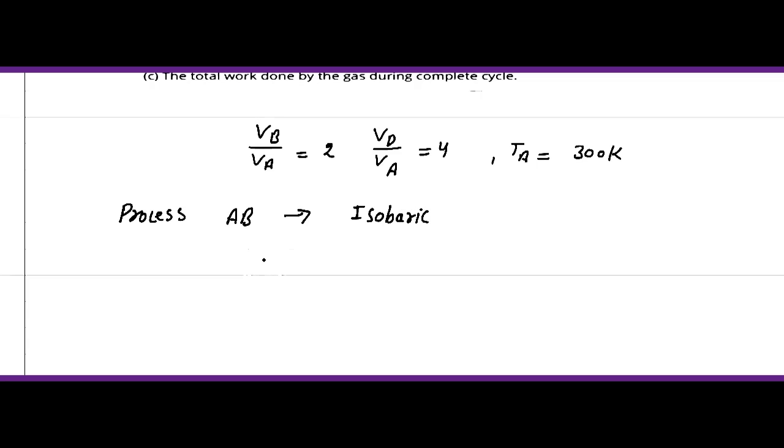Pressure is constant. So VB upon TB is equal to VA upon TA, and TB is equal to VB upon VA times TA.